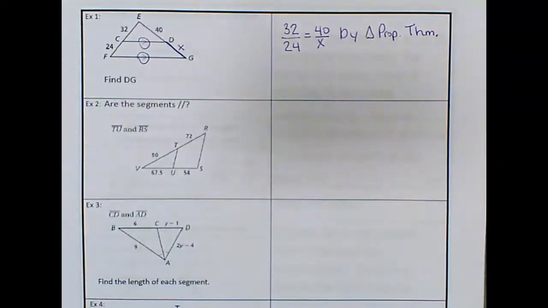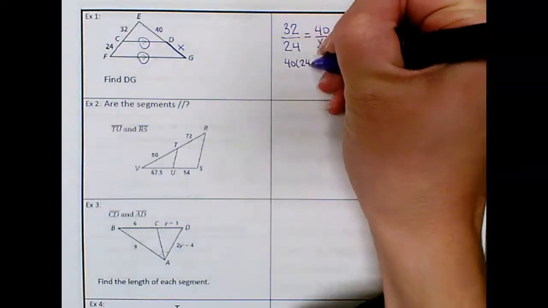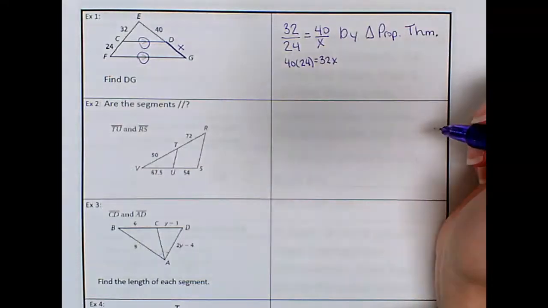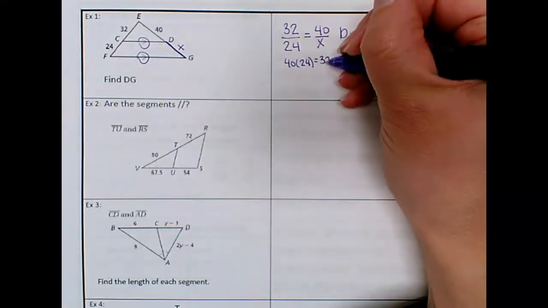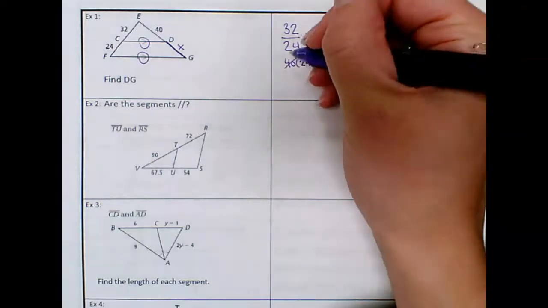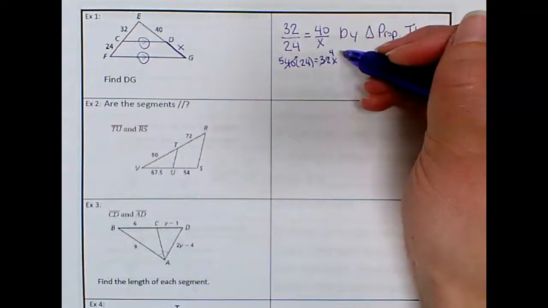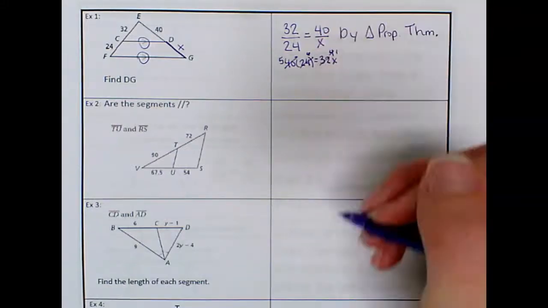Now, whenever I cross multiply, I have 40 times 24 equals 32 times x. Let's see, 32 and 40 are both divisible by 8. So this becomes a 4, this becomes a 5. And 24 and 4 are both divisible by 4, so this becomes a 1, this becomes a 6.